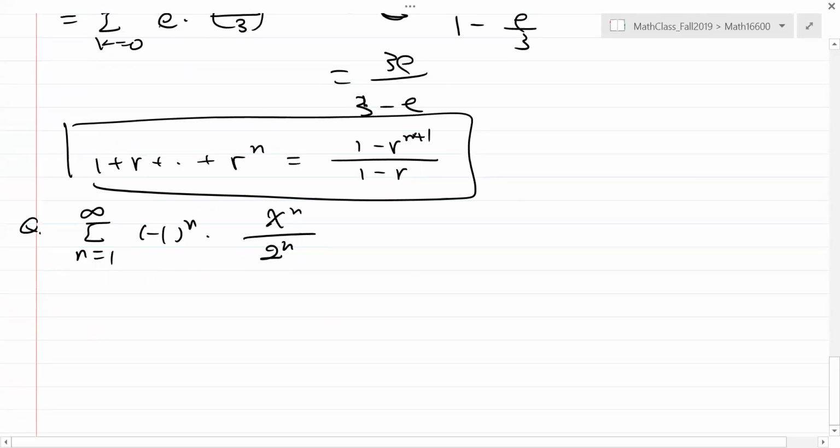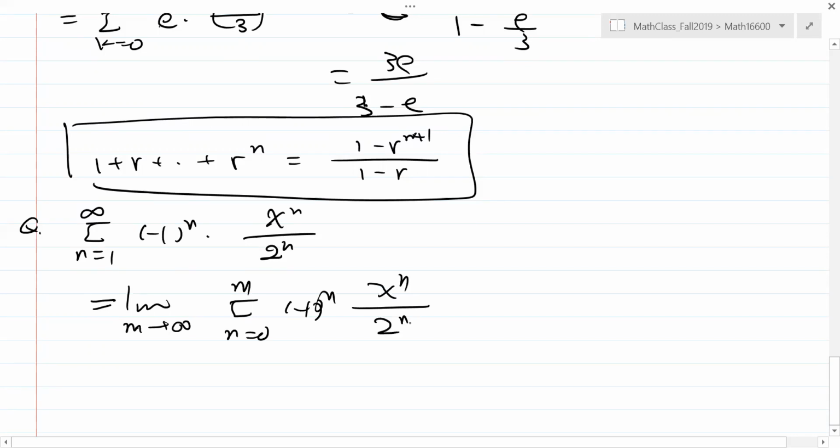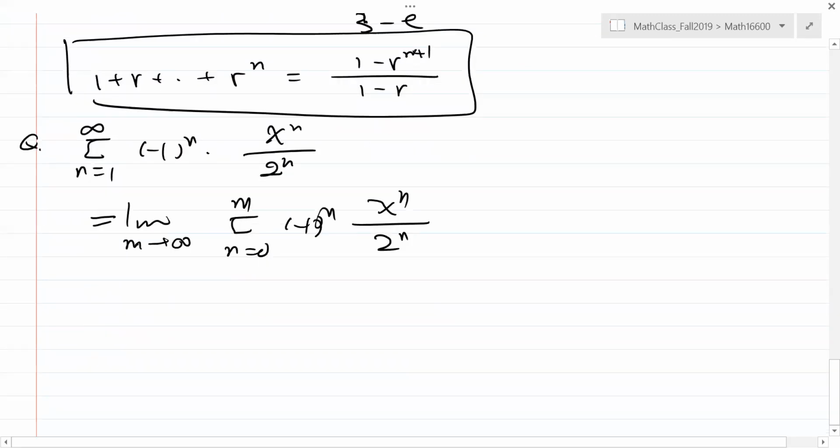According to the definition, this is going to be the limit as m approaches infinity. So what is that term? n starts from 1 to m.